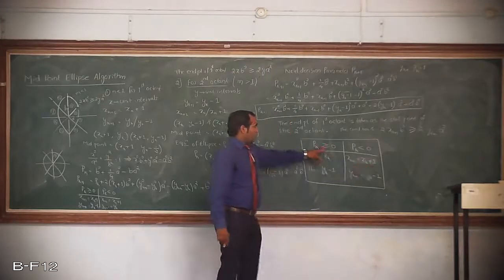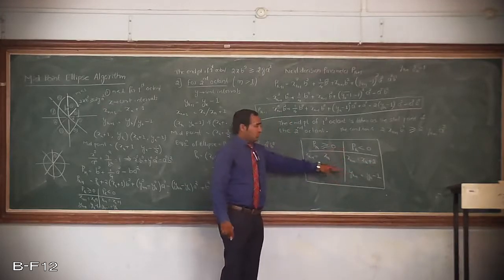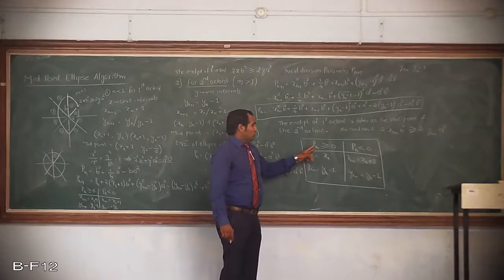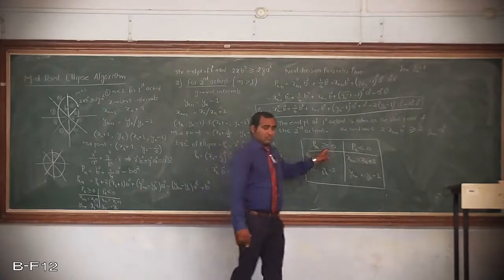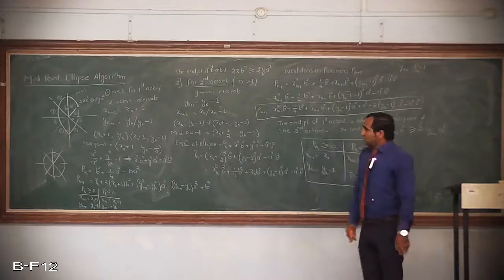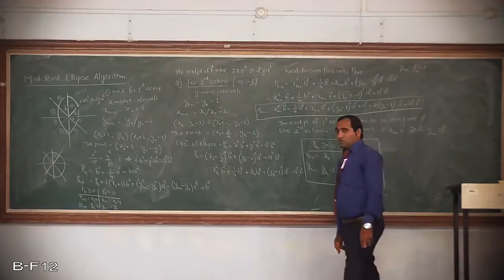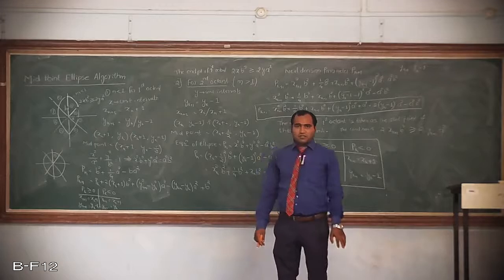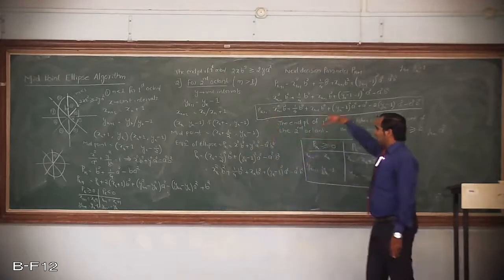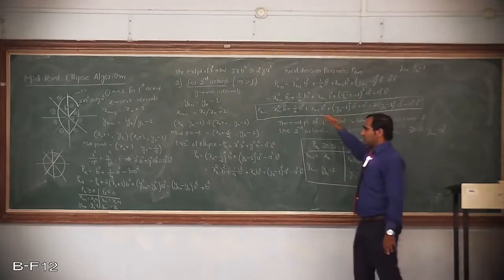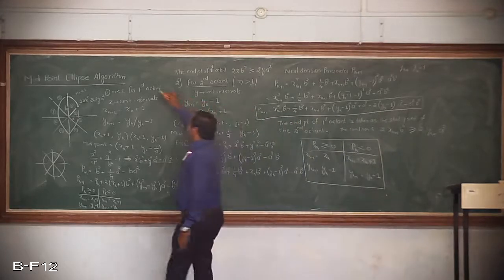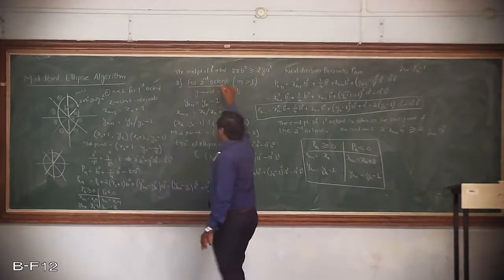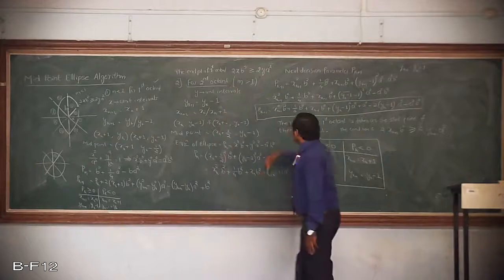I have to make use of these conditions to solve problems for the midpoint ellipse algorithm. So this is the derivation. For the first case, it was already done in the previous part, so for the second octant this has to be derived.